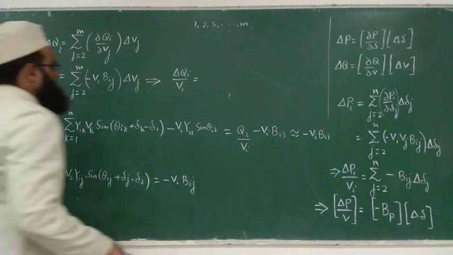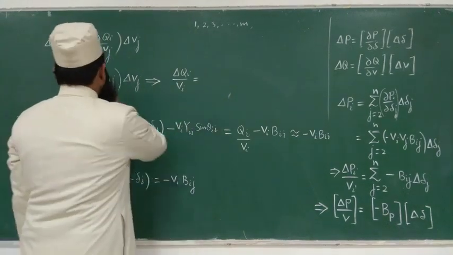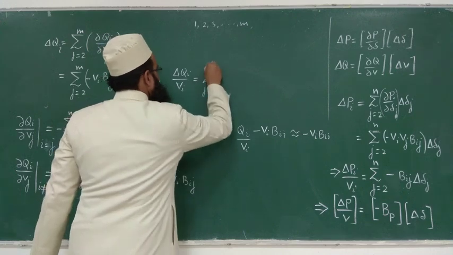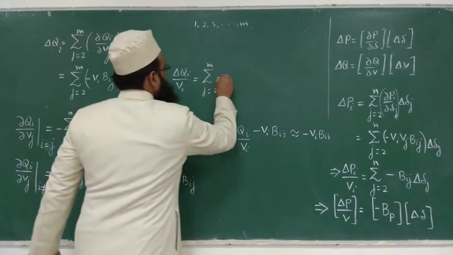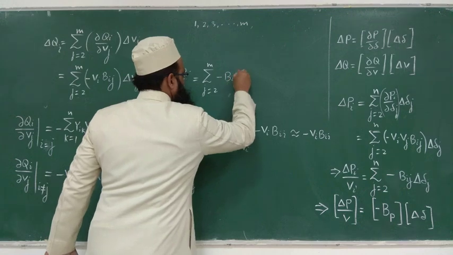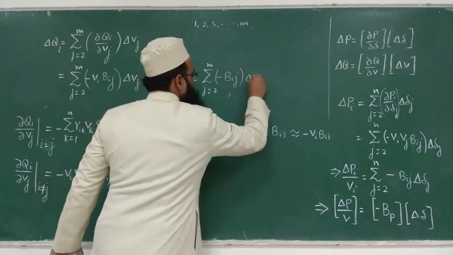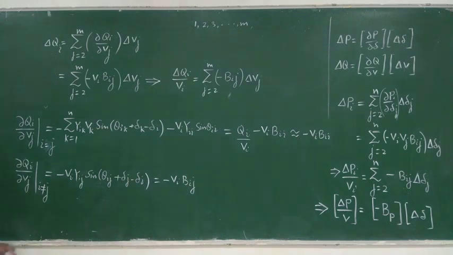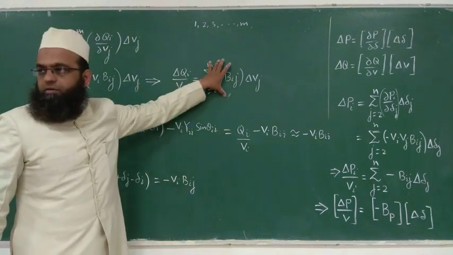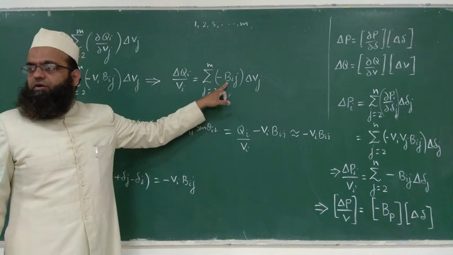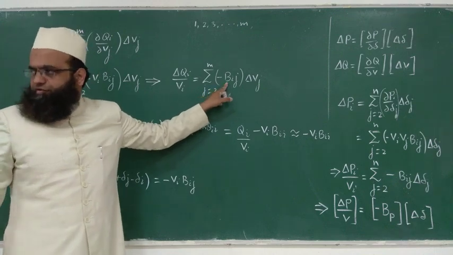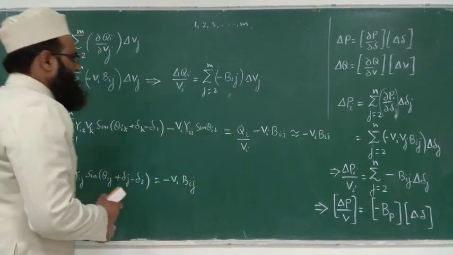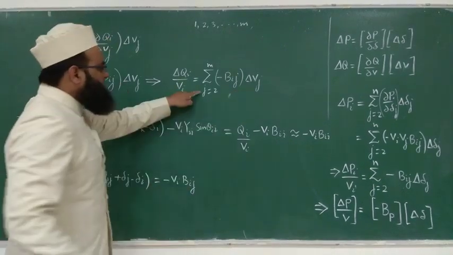So directly we may write, okay, first write this, then you will get confused. The sum over 2 to m of minus Vij times del Vj. So this quantity is constant now. Summing constant terms will be constant, so some constant times del Vj, where j is ranging from 2 to m.